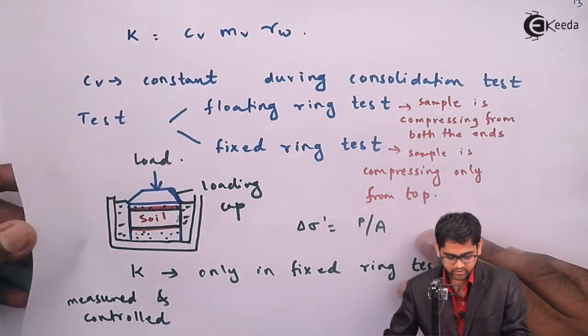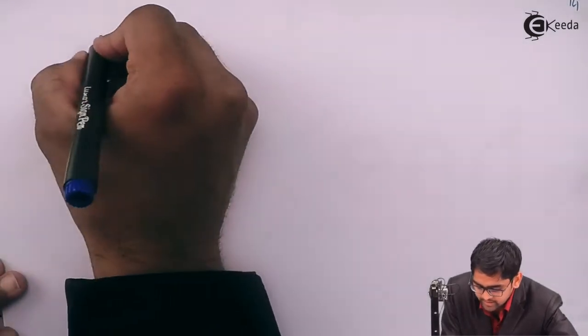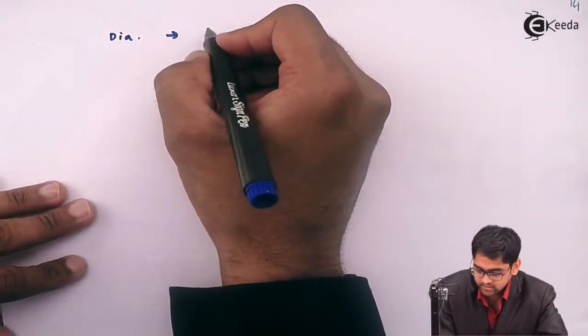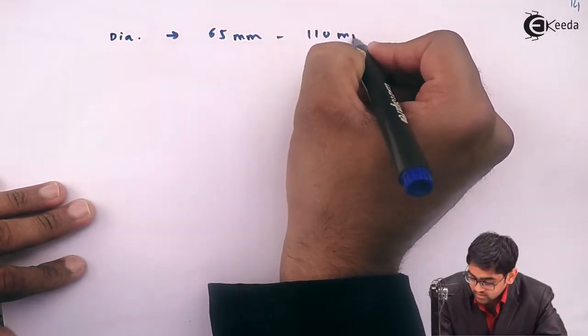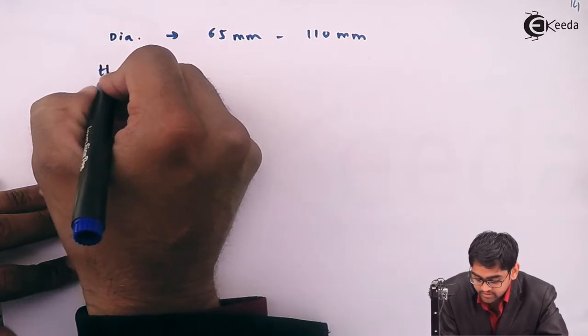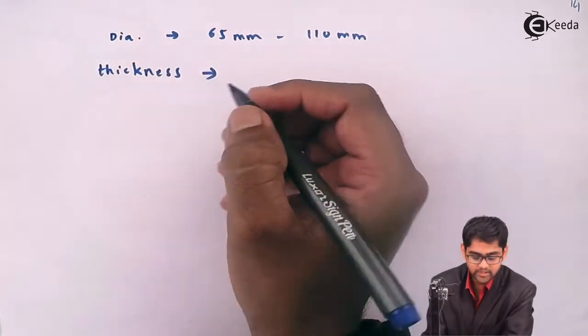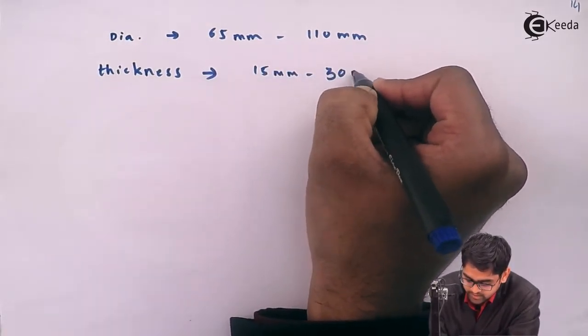So the dimensions of the soil specimen are as follows. The soil typically has a diameter ranging from 65 millimeter to 110 millimeter, and the thickness of the soil specimen varies between 15 millimeter to 30 millimeter.